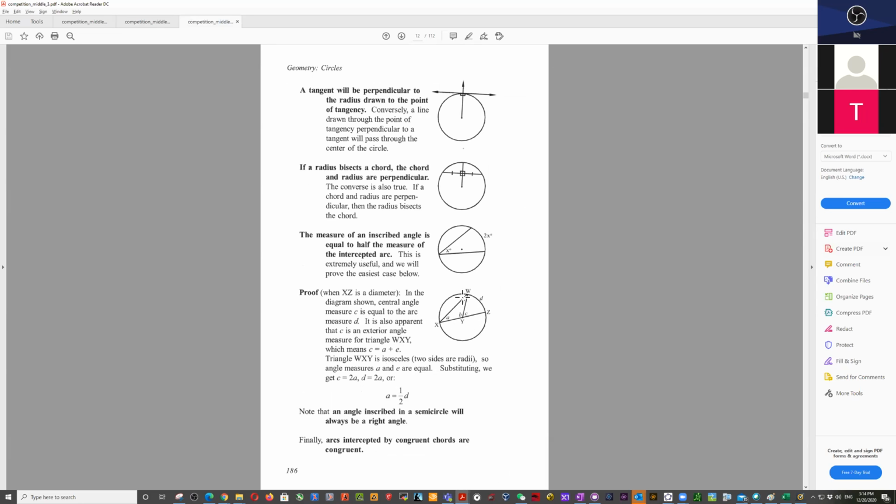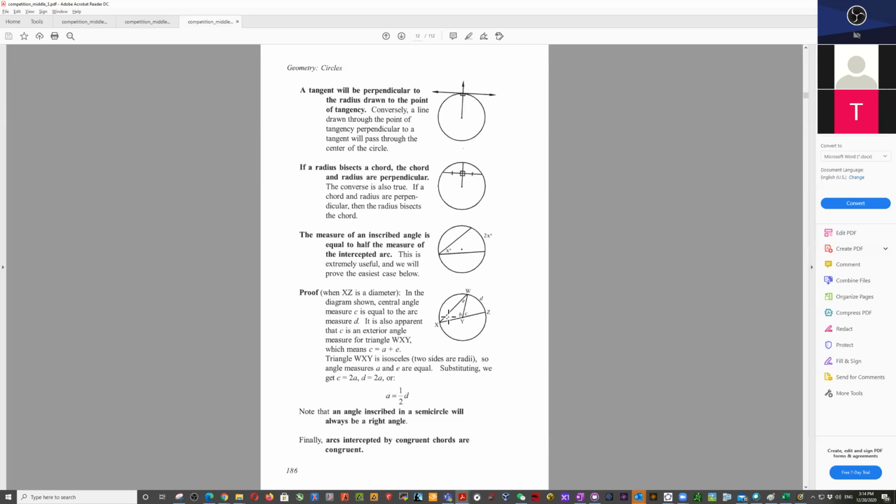If I deliberately make the angle this way, I have the central angle here as C. Then the inscribed angle is A, because XY and WY are both radii. So basically, WYX is an isosceles triangle.